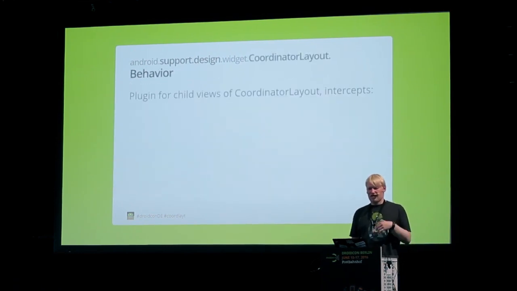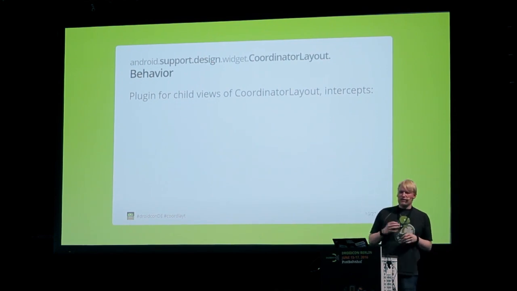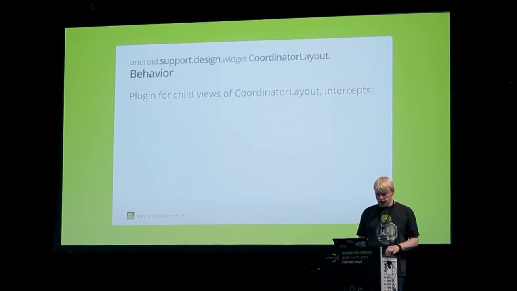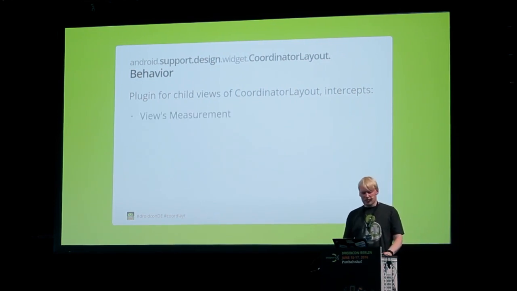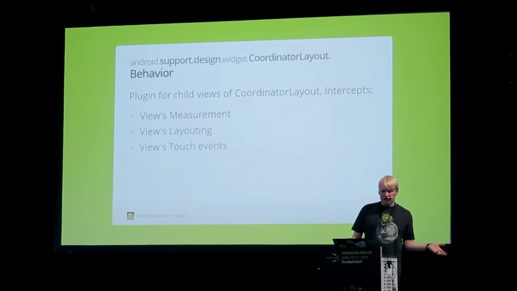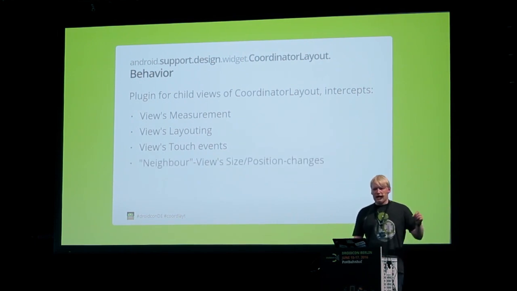That is actually the behavior. A behavior is a plugin for child views of the coordinator layout, and a behavior can intercept certain events that are happening to the child views. For example, it can intercept the view's measurement, or the view's layouting, or touch events on the child views, or it can react to size and position changes of another view in the coordinator layout.